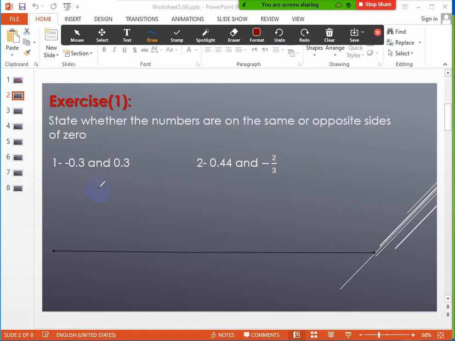That means they are positive, on the right side of zero, or negative, that means the left side of zero. When we have two numbers with a different sign, that means one number positive, the other negative, that means they are on the opposite sides, according to the zero point.